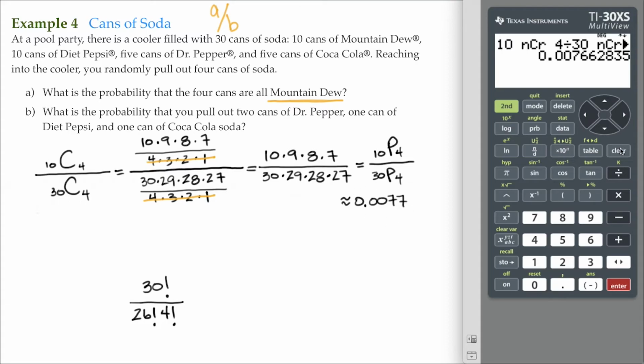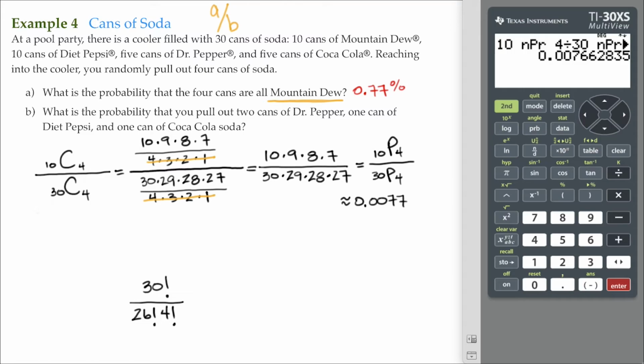We can use our permutations. 10, back to our probability key, but rather than hit our combination, I'm going to hit our permutation. Permute 4. Divide that by 30 permute 4. So it's interesting how that works out because everything is the same. The cans are all the same. So this is also known as 0.77% probability.